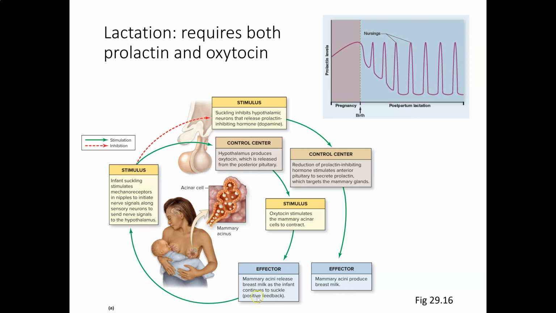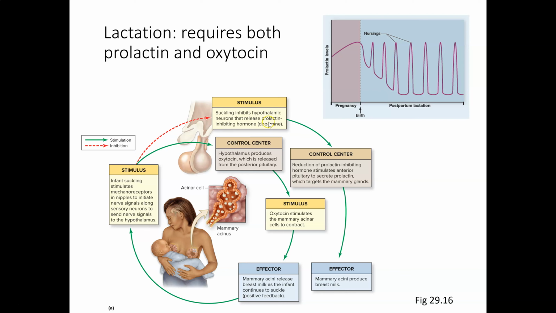The milk is ejected, then the baby's fed, and the baby continues to suck, and then this feedback keeps going, right? There's another response from the suckling, going to the hypothalamic neurons, those neurons in the hypothalamus that release the prolactin inhibitory hormone, also called dopamine. So that's actually an inhibition, right?